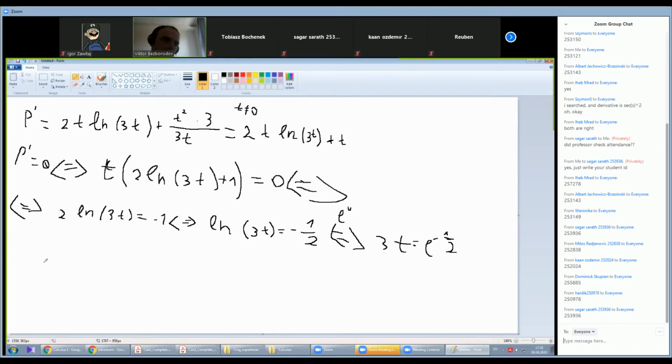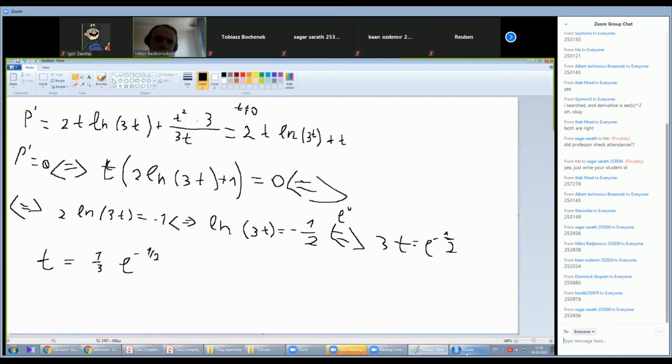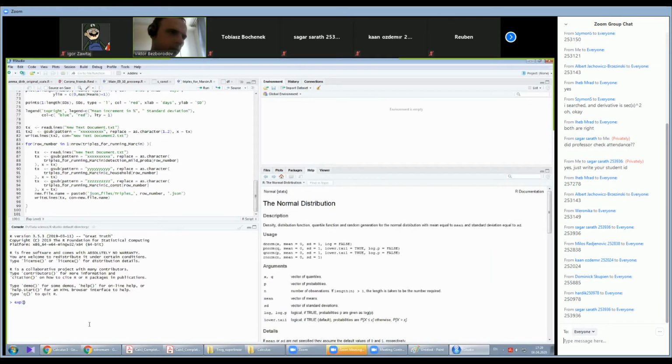And so t equals 1/3 e to the power -1/2. Let me see what it is. This is going to be approximately this number.